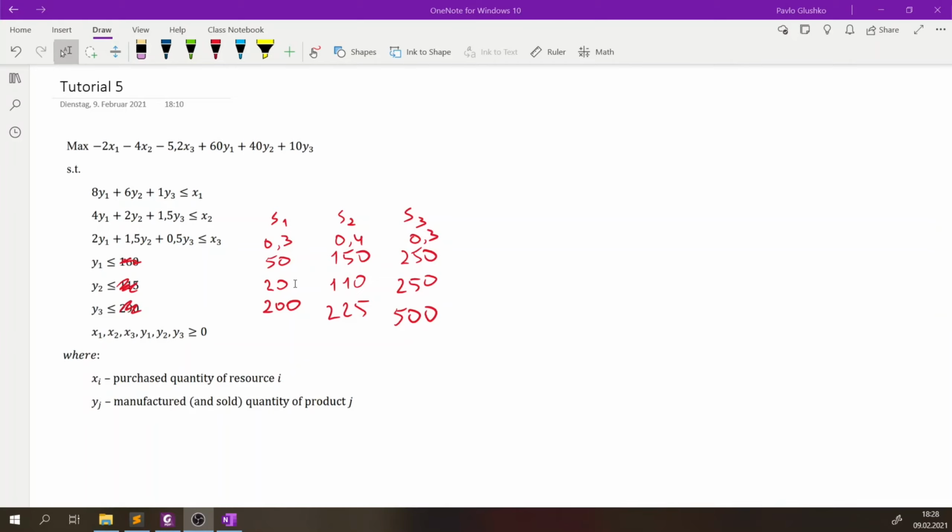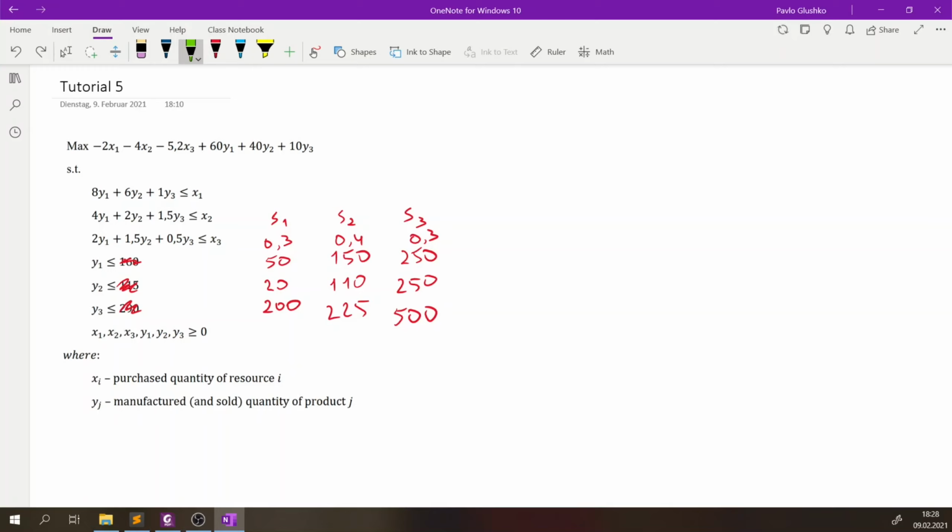Let's look more closely at product 1, for example, the constraint of product 1. According to the fat solution, we need to choose what we will put here as the right-hand side: 50, 150, or 250. That's what we need to decide.